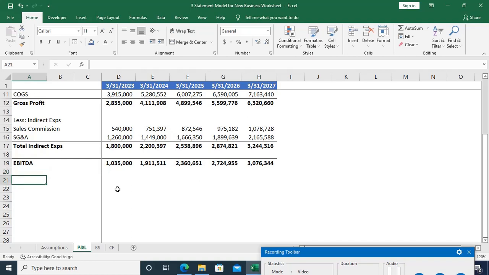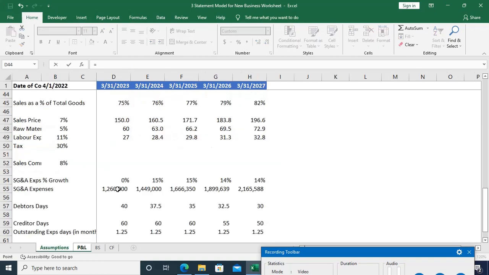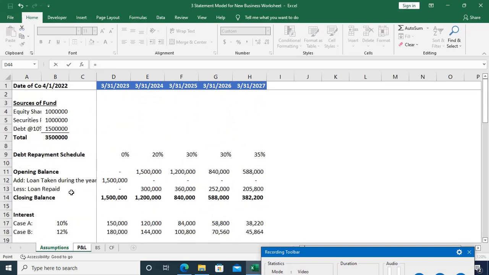Now after EBITDA, you can deduct the depreciation. Less depreciation equals to... for the depreciation part we had a schedule for depreciation, right?